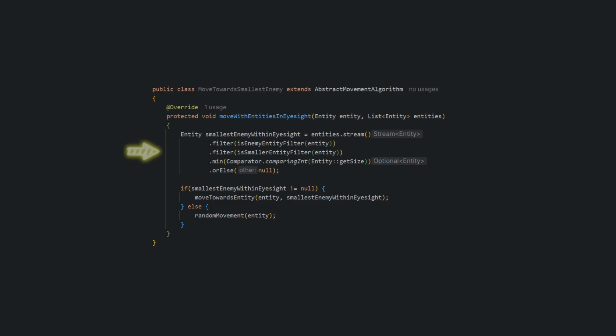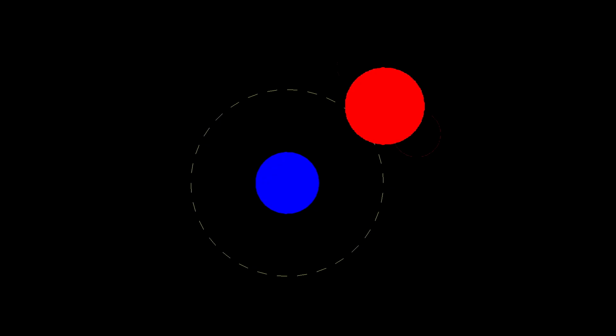Now, you may be wondering why we can't just skip the filter to find smaller entities and instead just go straight to looking for the smallest enemy entity. Well, there's a good reason. It's because what if the smallest entity is a larger entity that can consume it? That is, there are no smaller entities, there's only one very large entity. In this case, we wouldn't want to approach it.